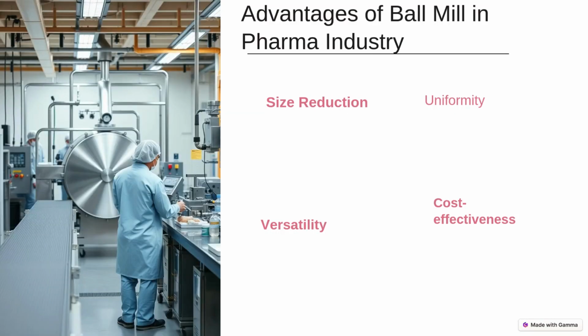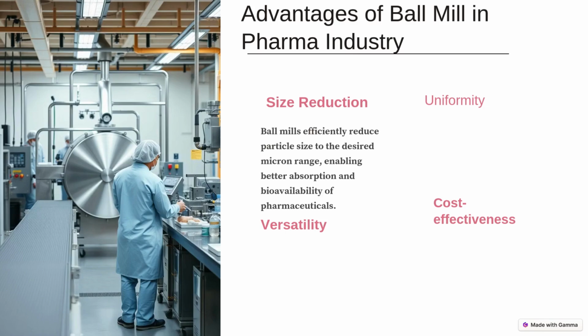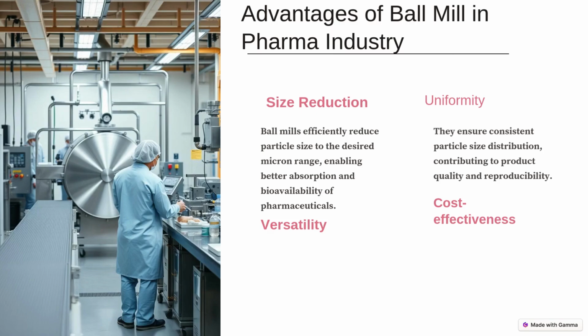Advantages of ball mill in the pharma industry. The first one is size reduction. Ball mills can efficiently reduce the particle size to the desired micron range, enabling better absorption and bioavailability of pharmaceutical products. The next one is uniformity. They ensure consistent particle size distribution, contributing to product quality and reproducibility. It can enhance the content uniformity of pharmaceutical products due to decreased particle size.